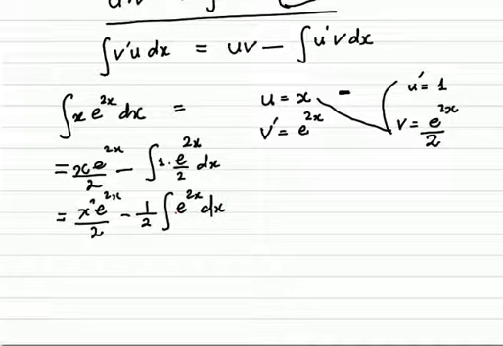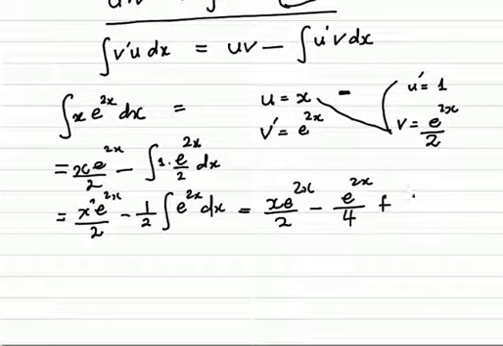Now when we are here, we can apply what we did there, because we integrated this to get to there. Then the final answer will give us x e to the power 2x over 2 minus the integral of this, which is e to the power 2x multiplied by half, which will give us 4, plus c.